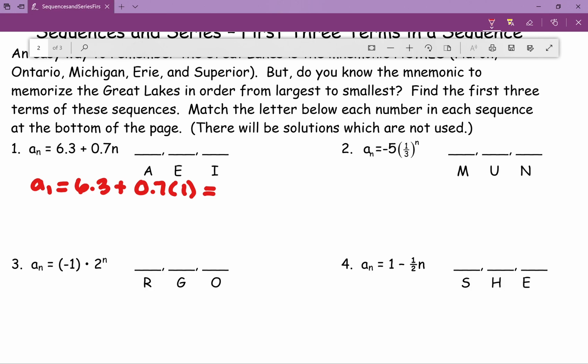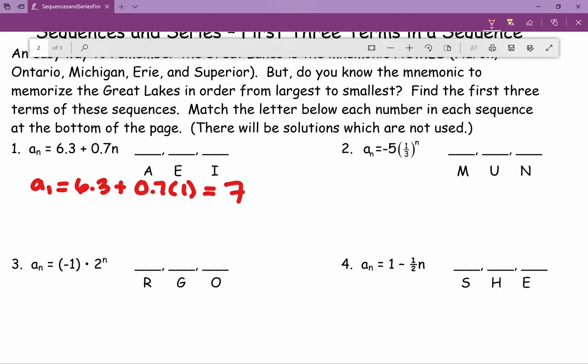And when I plug that into my calculator, I'll get an answer. So let me plug this into my calculator. Then we get 7. So that's the first number, 7.